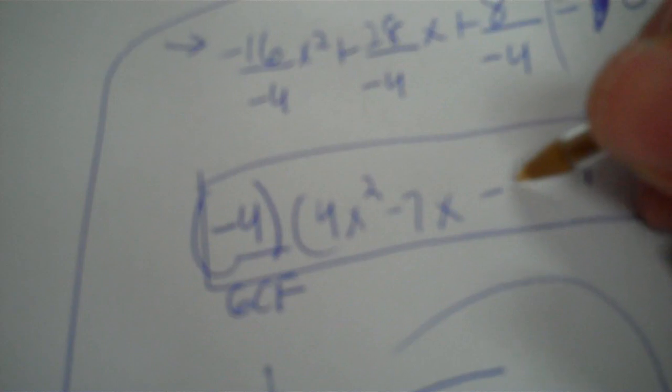So you need to divide by negative 4. Just negative 4 though, not x. So negative 16 divided by negative 4 is 4. We're not putting an x underneath, so that x will stay to the second power. 28 divided by negative 4 is negative 7. We're not putting an x down there, so that will stay as x. 8 divided by negative 4 is negative 2.